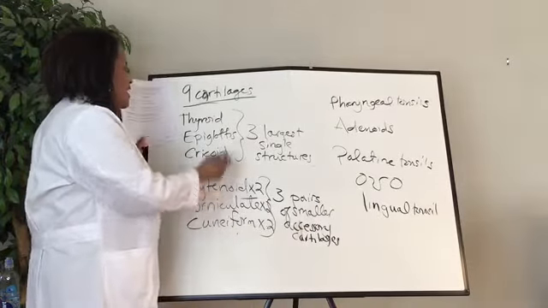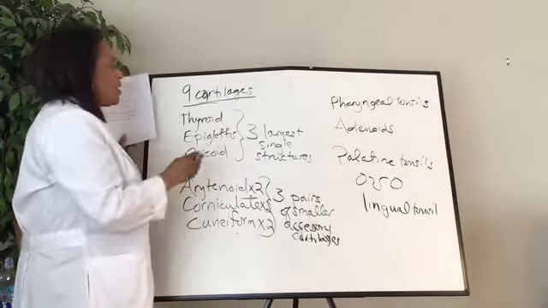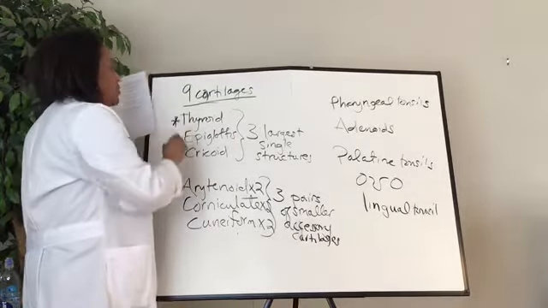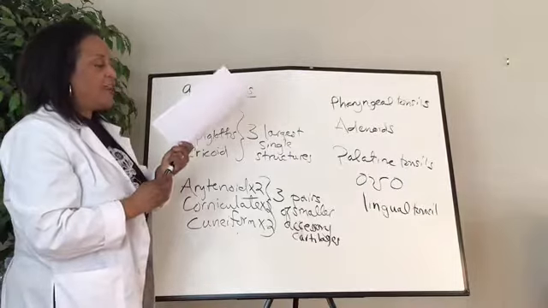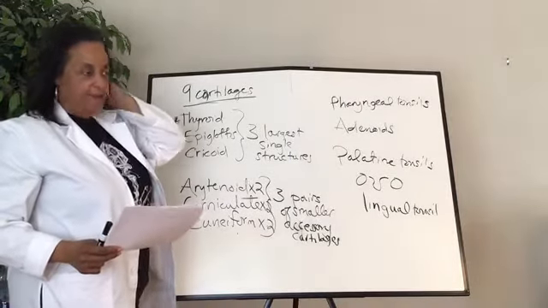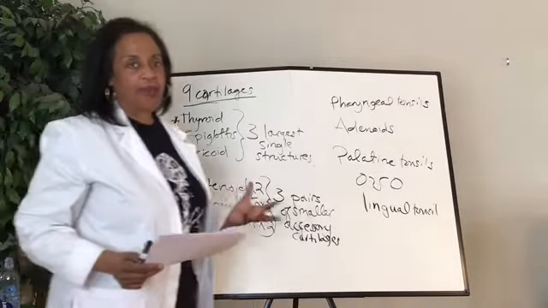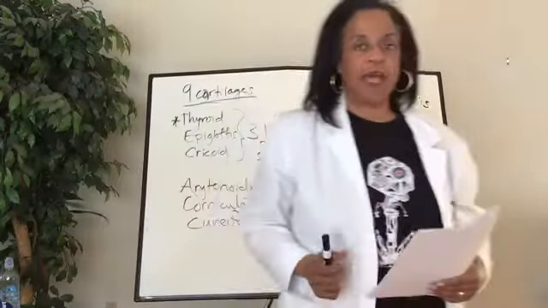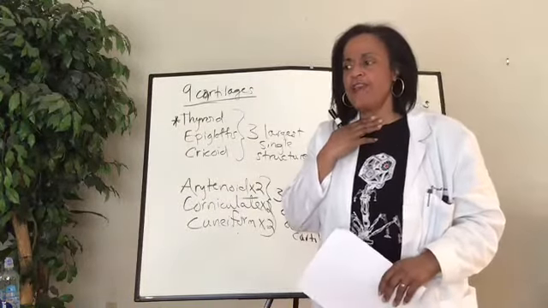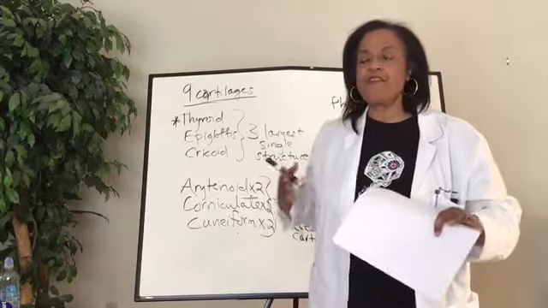The interesting thing about these cartilages is the thyroid cartilage, which I definitely want you to take note of. It has a layman's term: we call it the Adam's apple, right? Usually you can see the Adam's apple pretty clearly in men, and some women if they're thin enough.